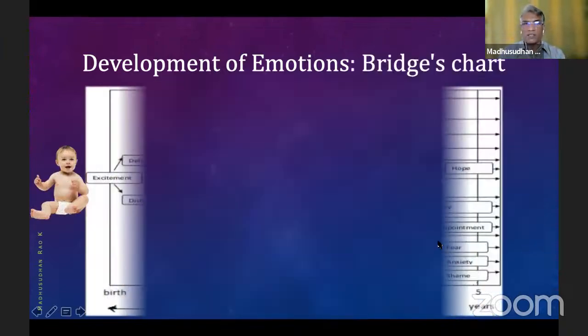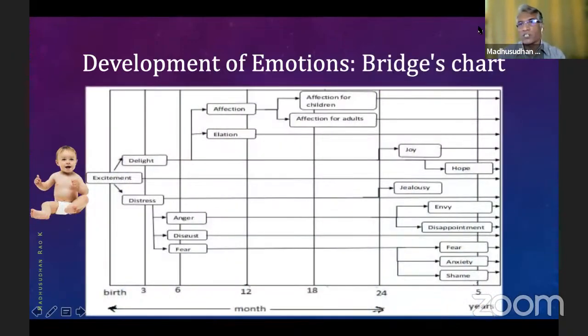Now the other slide. This is what I was talking about. She has given a beautiful example. If a child with excitement is encouraged, he is delighted, and they form elation, affection for other children, affection for adults, and joy.